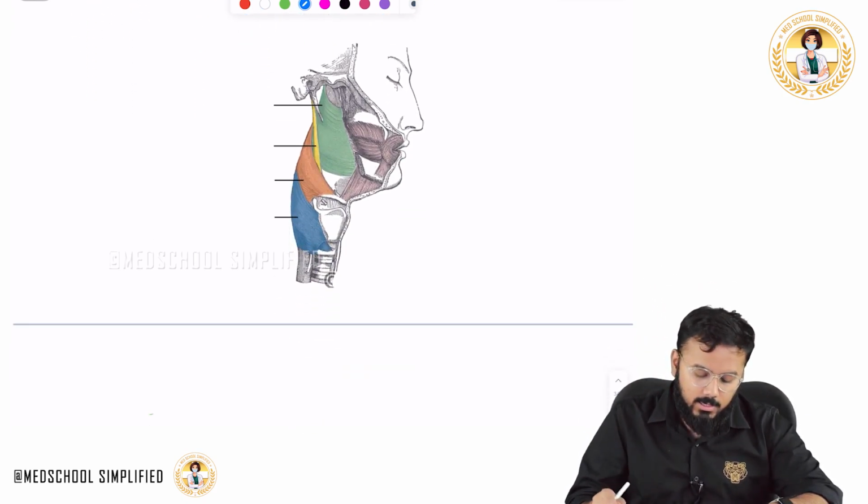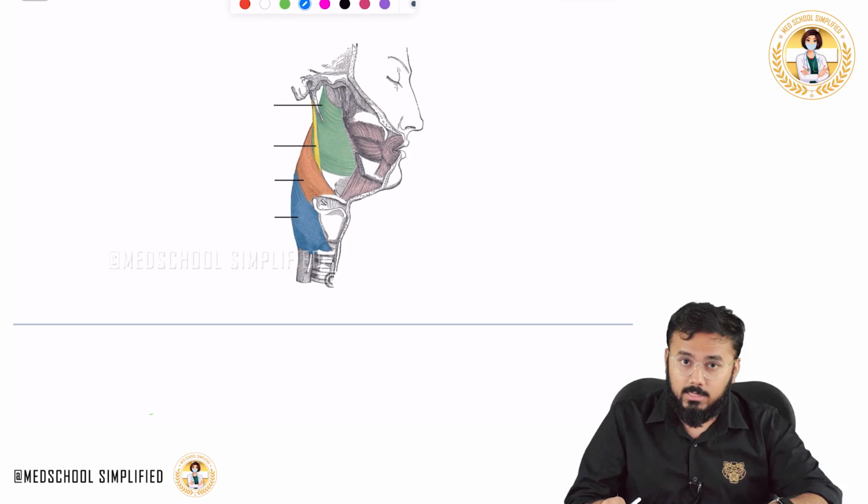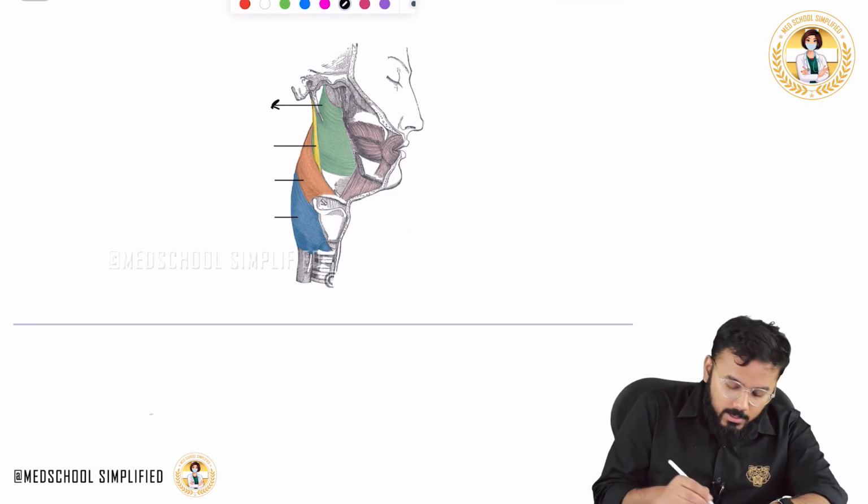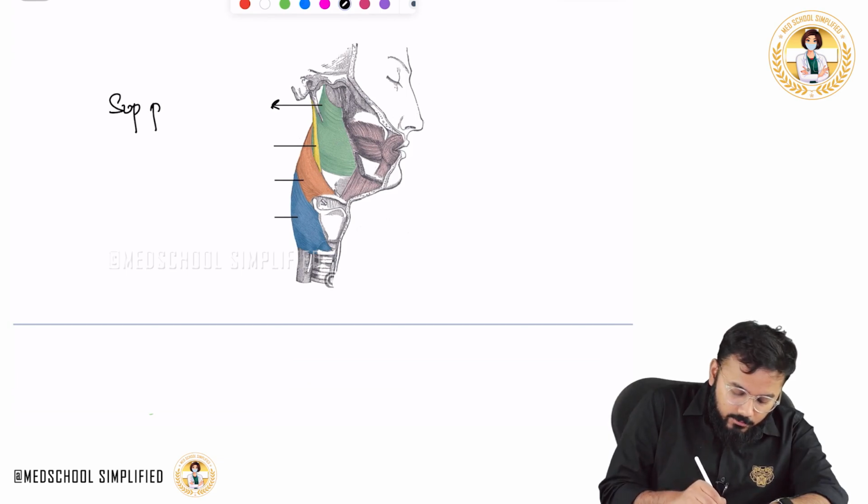You can see the muscles over here. There are three different muscles. This muscle on the top is called the superior pharyngeal constrictor.